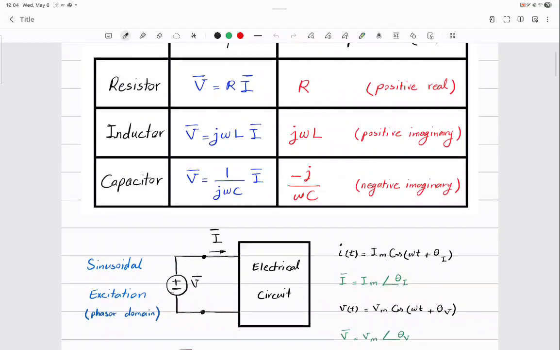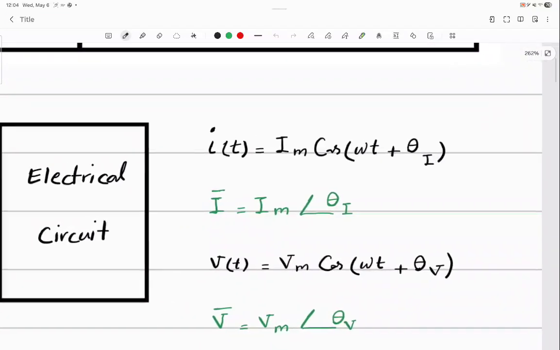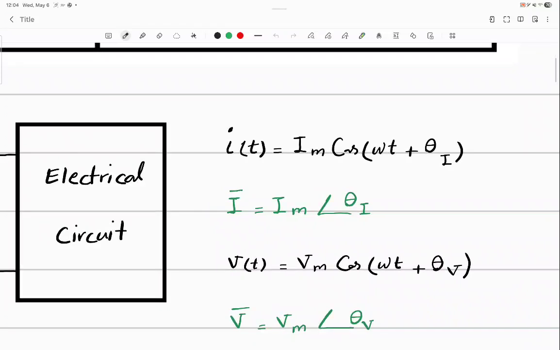Now, the second is that I want you to be able to change any time domain cosine function, in less than 4 seconds, to its equivalent phasor. The only two things that you should focus on are amplitude and phase. That will give you the phasor. Of course, if it is in negative cosine, you have to first change it into positive cosine. If it is in sine form, you have to change it into cosine.